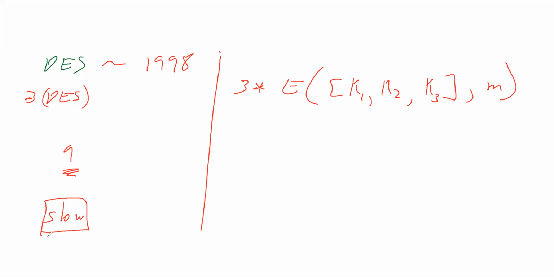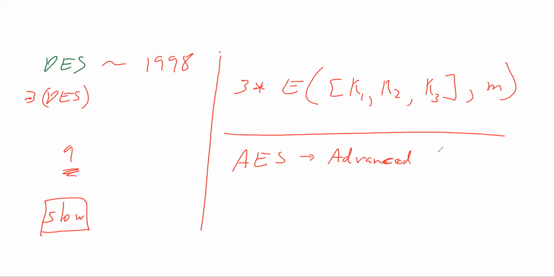All right, and then after that came AES, the Advanced Encryption Standard, which we've talked about already, so I'm just summarizing. The Advanced Encryption Standard replaced triple DES because triple DES was not efficient.